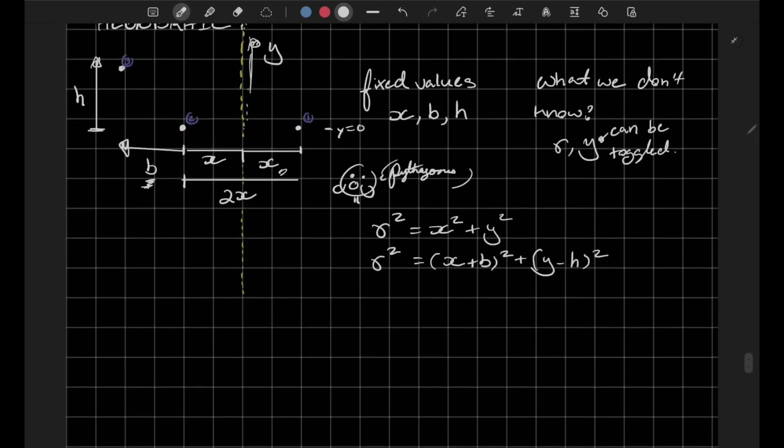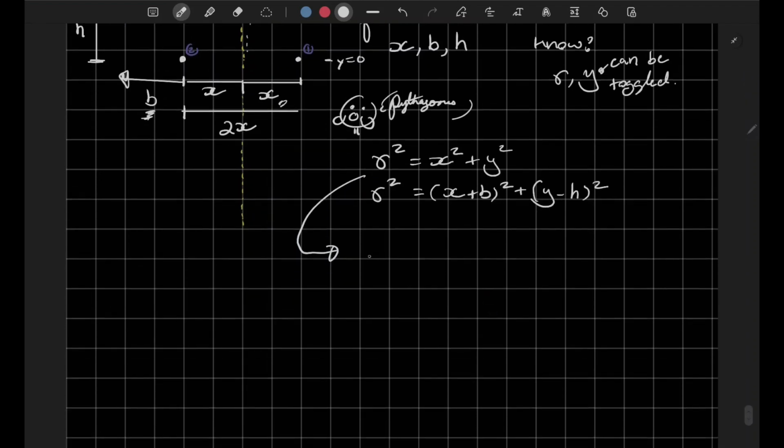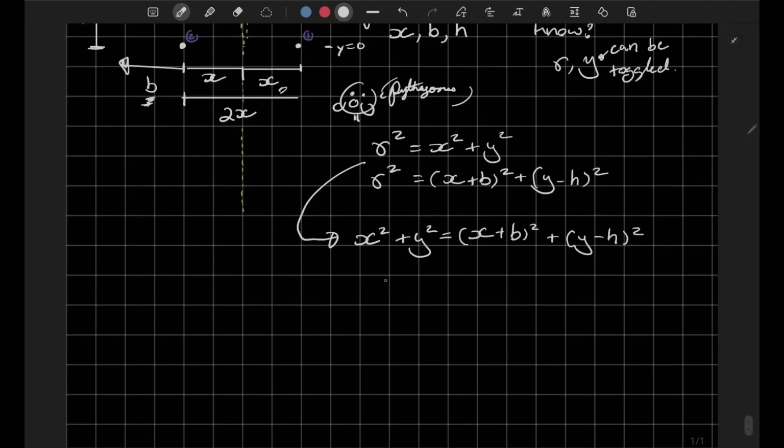Okay, so let's equate the two, because they're supposed to be the same. We want them to be the same at least. So x squared plus y squared equals x plus b squared plus y minus h squared. And let's expand. X squared plus y squared equals x squared plus 2bx plus b squared plus y squared minus 2yh plus h squared.